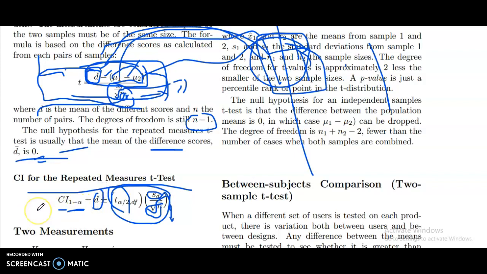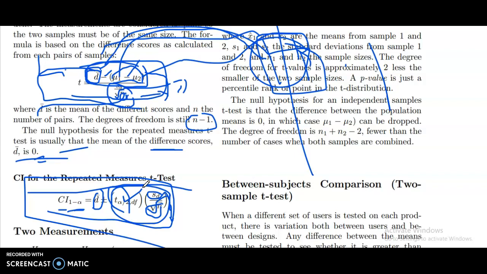This is the CI for the repeated measures t-test. Here also t alpha is the same as before. T alpha by 2, what is the meaning? 5 divided by 2 means 50 percent.